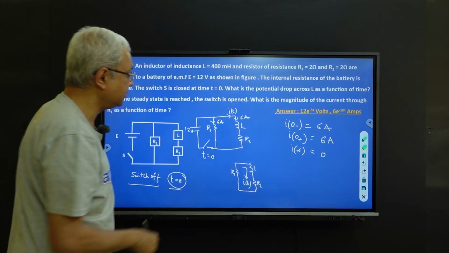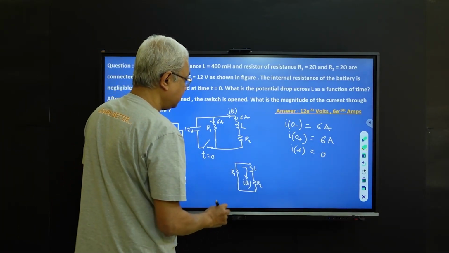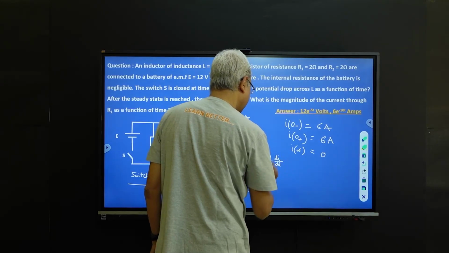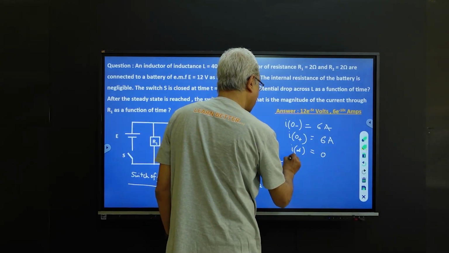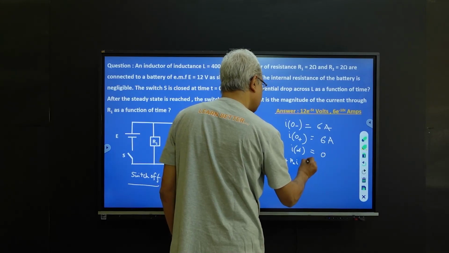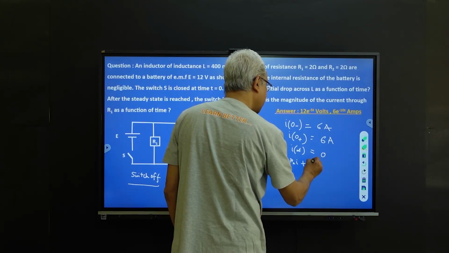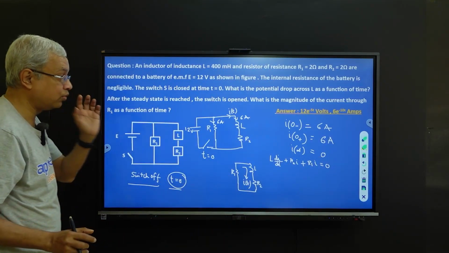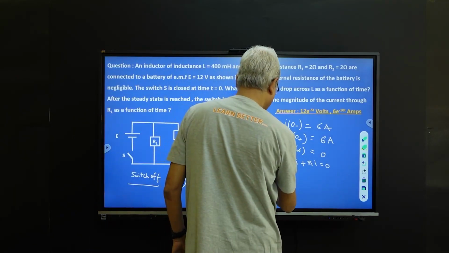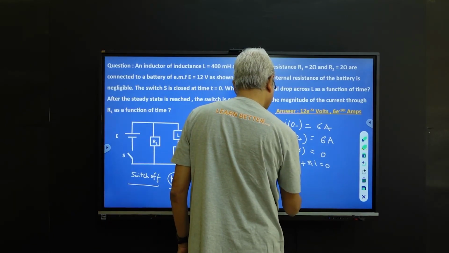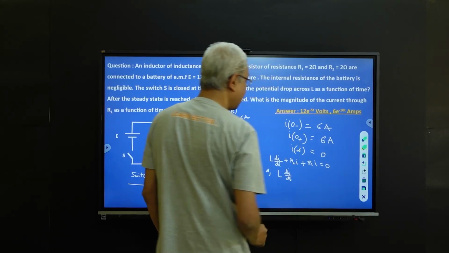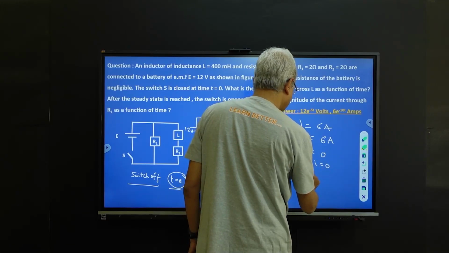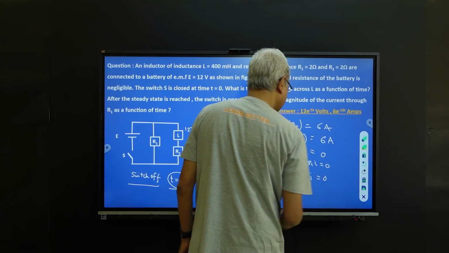Now if I apply Kirchhoff's voltage law, then I can write L di/dt plus R2 I plus R1 I is equal to 0, because there is no external voltage source, no battery. Since both R1 and R2 are 2 ohm, I can write this as L di/dt plus 2I plus 2I, 4I, equal to 0.